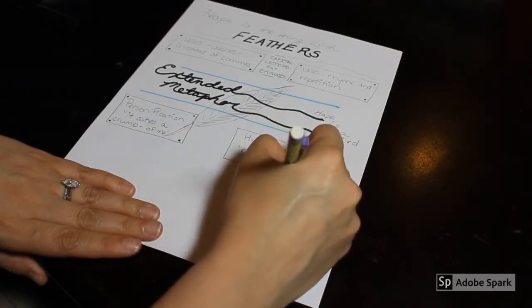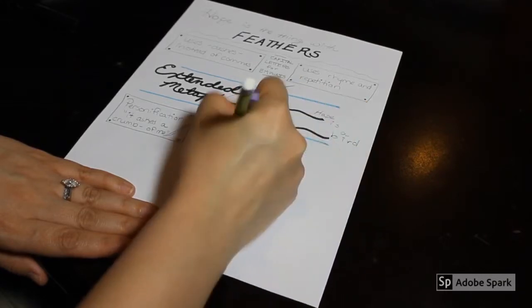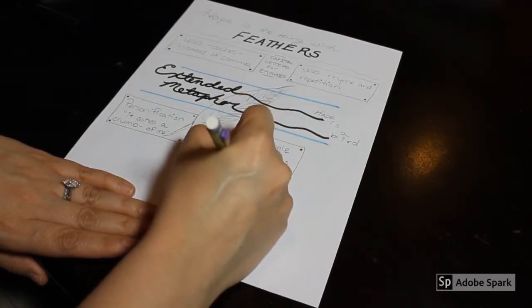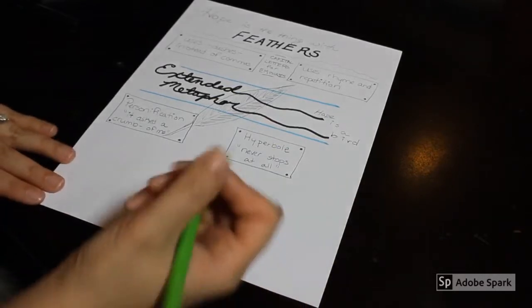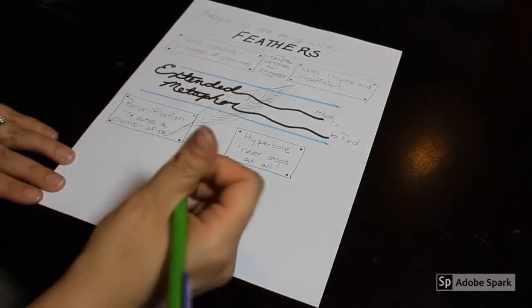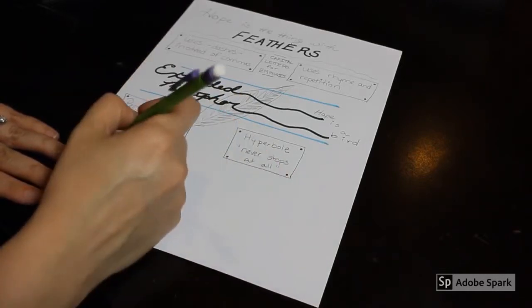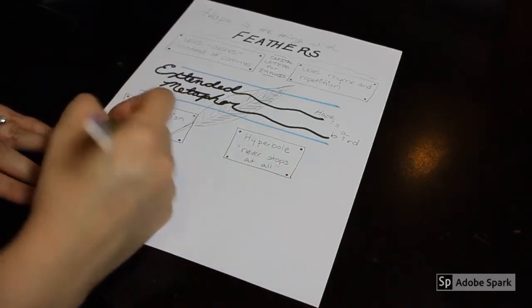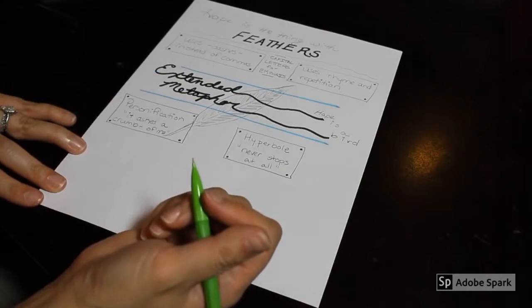So we're going to include that in our sketch note. There are lots of other types of figurative language. There are similes, there are just regular metaphors. I didn't see any of those in this particular poem, so I'm not going to include those.